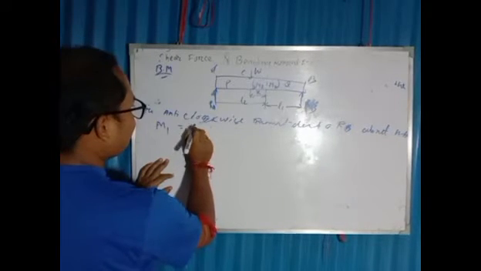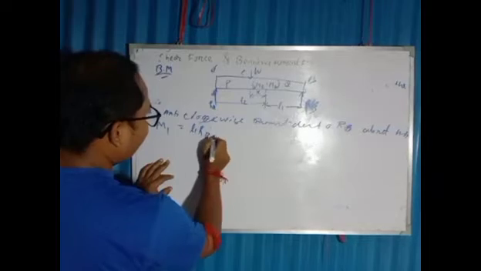Here the anti-clockwise distance is L1 and the force is RB.